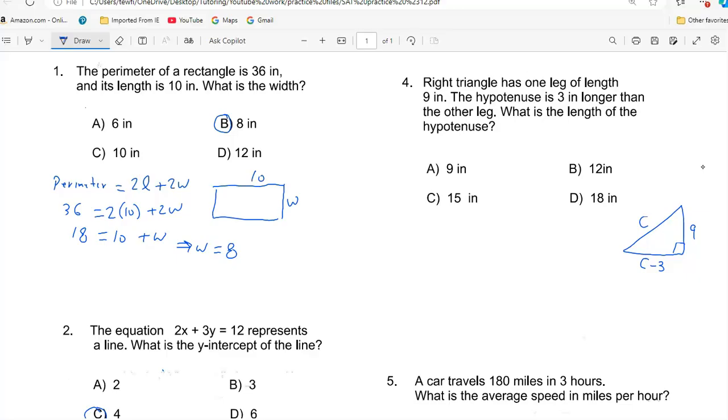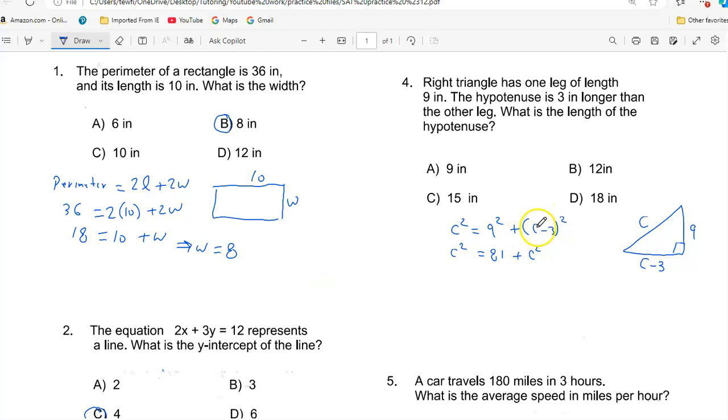Let's use the Pythagorean theorem. I have C squared equal to 9 squared plus C minus 3 squared. So if I simplify that, I get 81 plus, let's square the binomial, so it will be C squared, right?